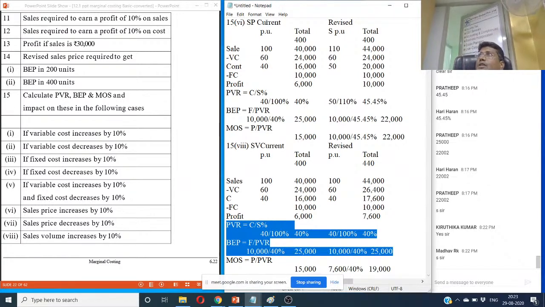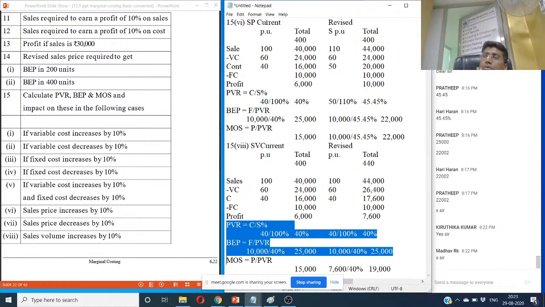Sales volume change will not have any impact on PVR and BEP. But sales price change will have an impact on PVR and BEP. Surprisingly, in this illustration, I have given the values on a per unit basis. If the value is not given on a per unit basis, then it will be troublesome for you.